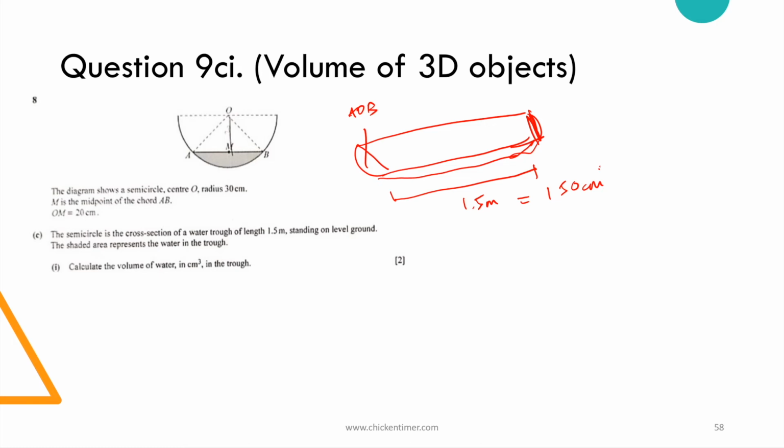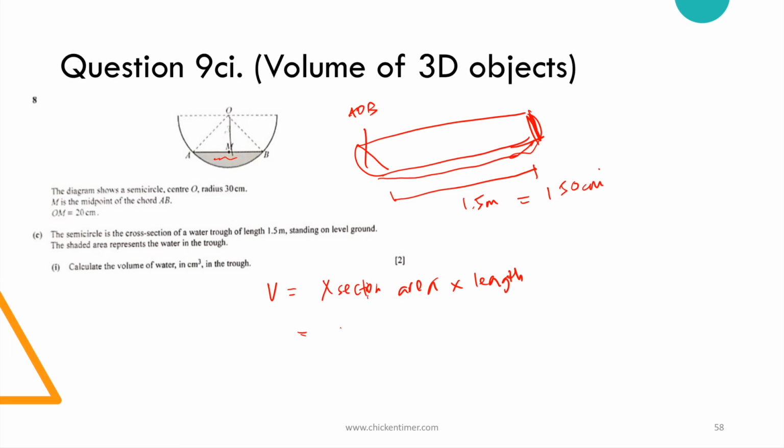Okay. Then they say find the volume of water represented by the shaded area. So that section here is actually a prism again. If it's a prism, then its volume is cross section area times the length.